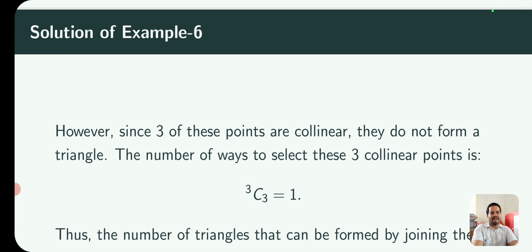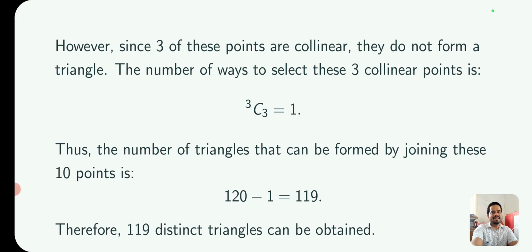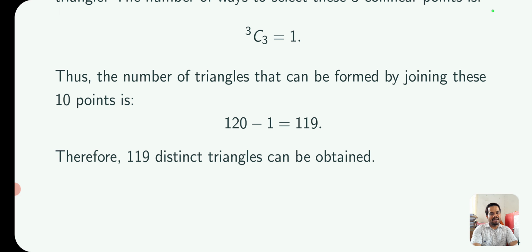Thus the number of triangles is 10C3 minus 3C3, that is 120 minus 1, so 119 distinct triangles can be formed by using these 10 points, out of which 3 points are collinear.